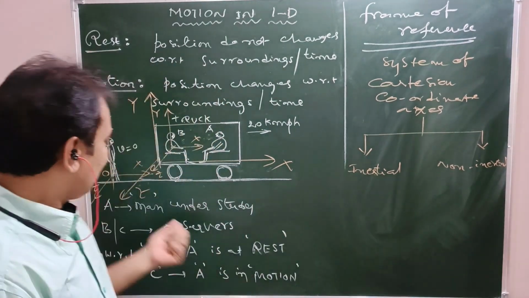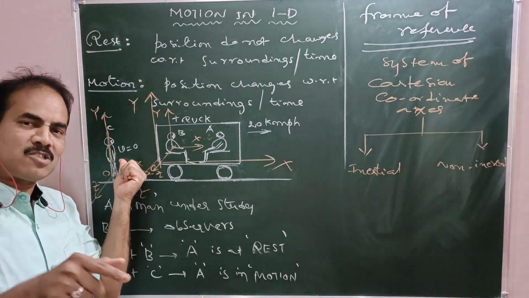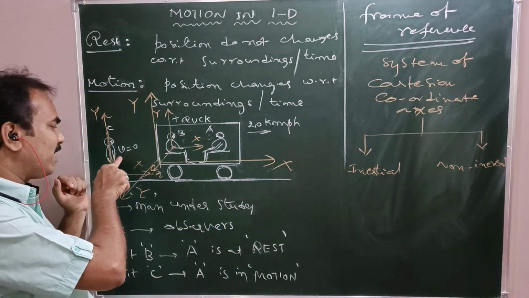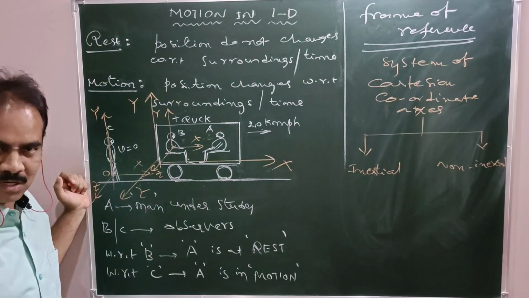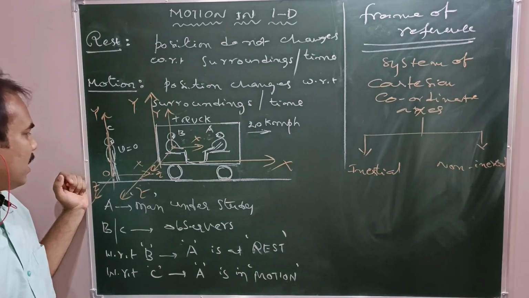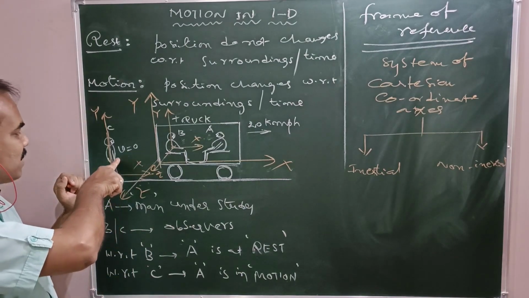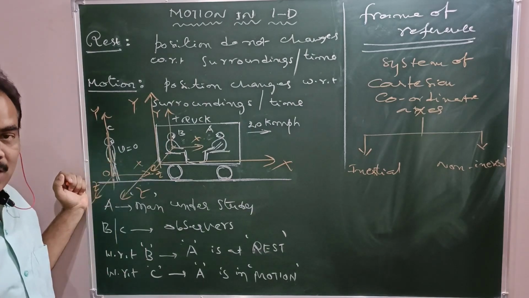What is meant by inertial frame? Suppose the observer is at rest, then a frame attached to that observer is also at rest. Suppose the observer is in motion, then a frame attached to that observer is also in motion. Now what is meant by inertial frame? If the observer is at rest, then that observer is said to be an inertial observer.